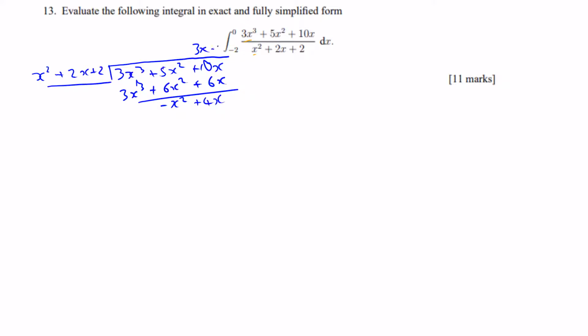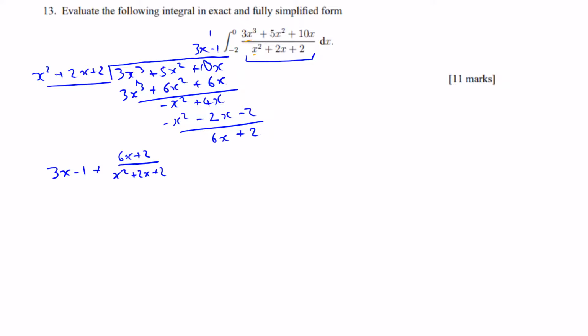And then we can take away negative 1, negative x squared minus 2x minus 2, leaving 6x plus 2. So this fraction is equal to 3x minus 1 plus 6x plus 2 all over x squared plus 2x plus 2.